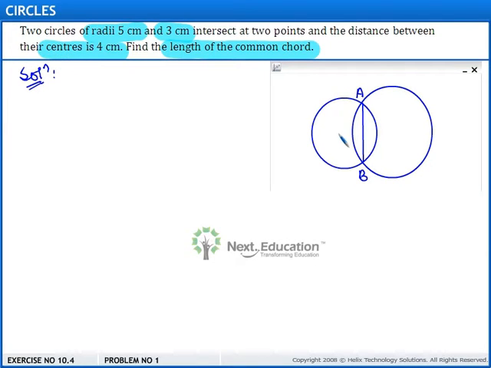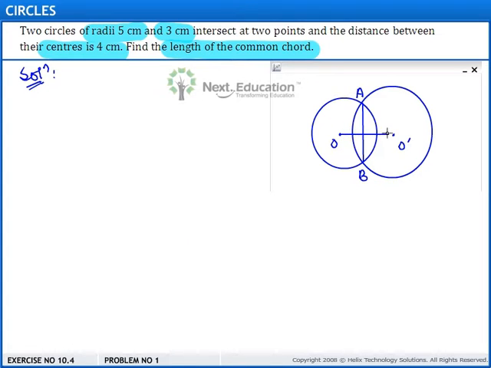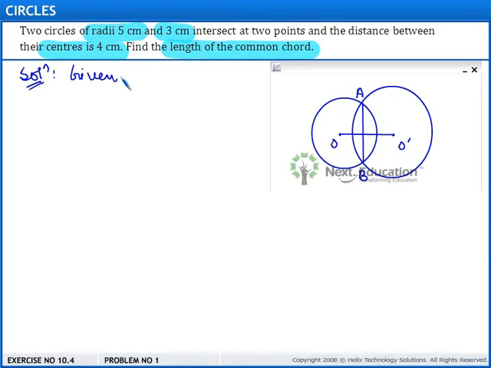Let O be the center of the circle with radius 3 and O dash be the center of the circle with radius 5 cm. Also, we are given that the distance between their centers is 4 cm. So, we are given that OO dash is equal to 4 cm.